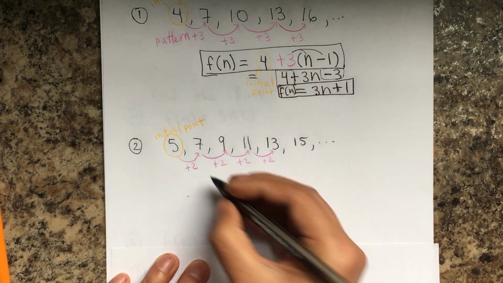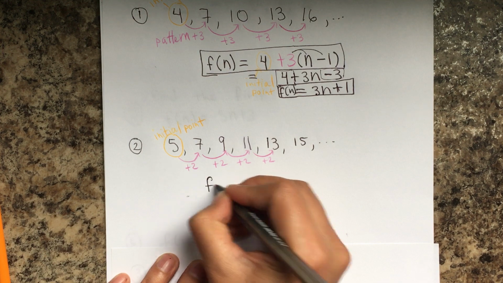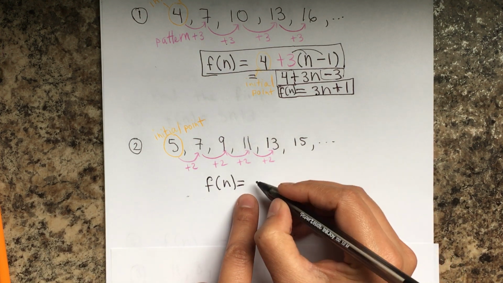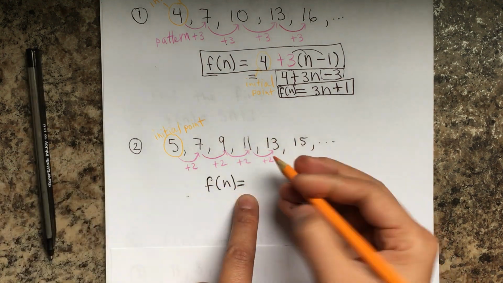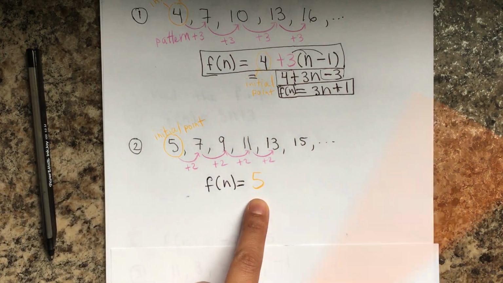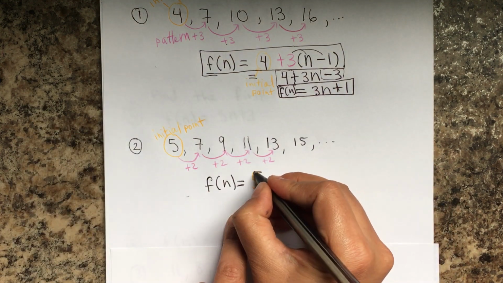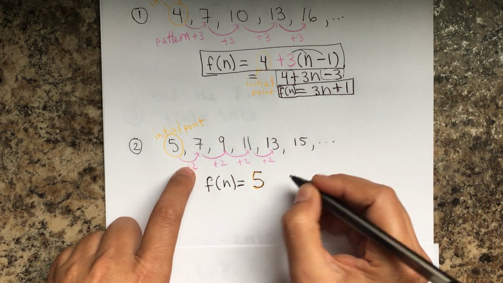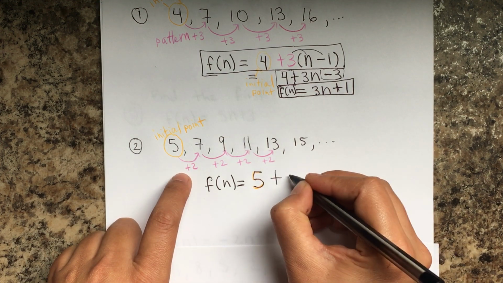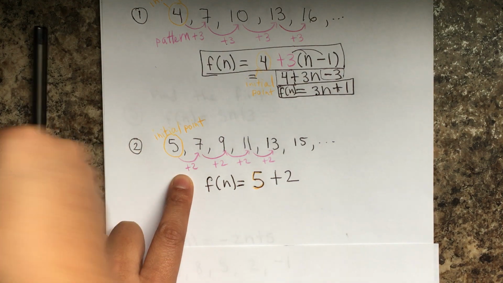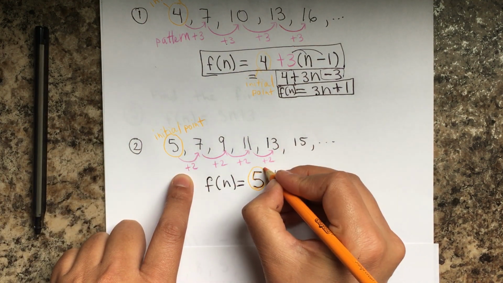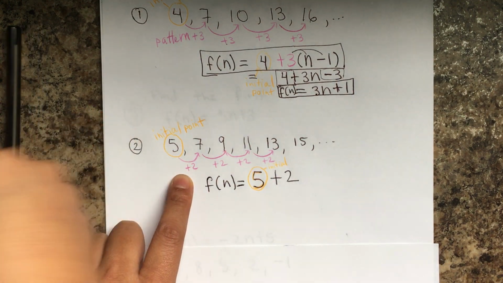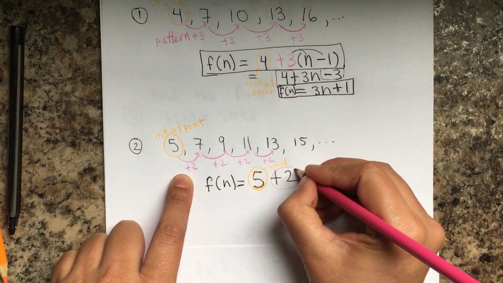So again, my explicit formula is f of n, all the time f of n equals the initial point, the first number, then the pattern. You're adding 2. So let me circle. This is the initial point. Then the pattern, you're adding 2.